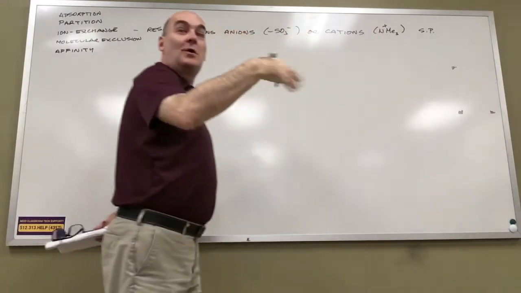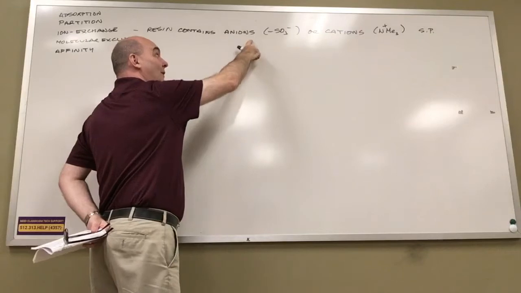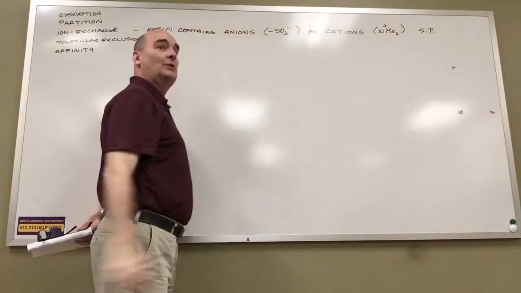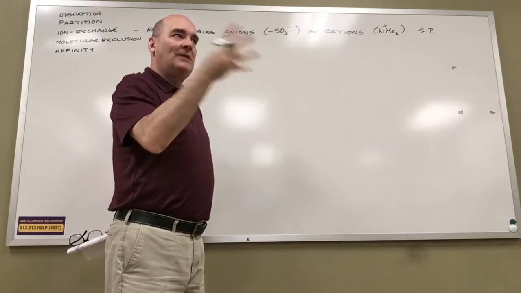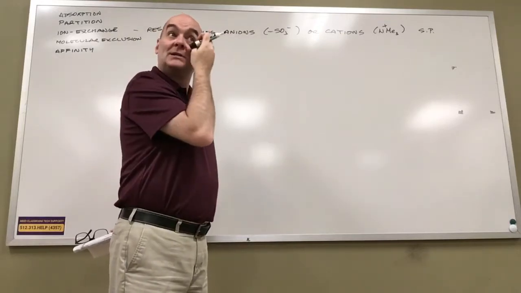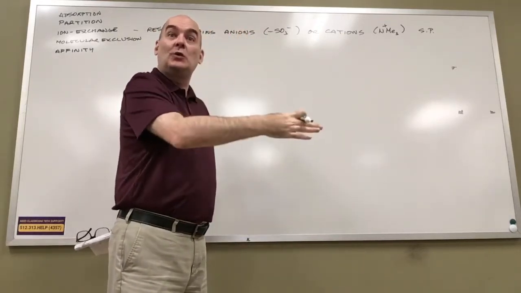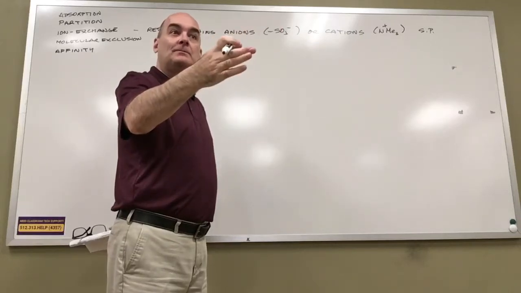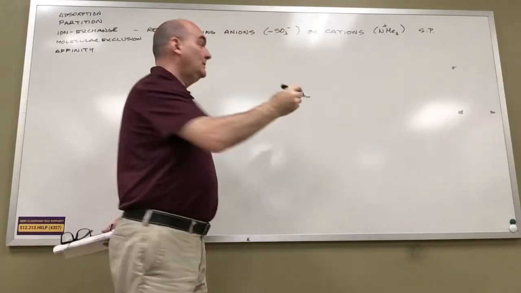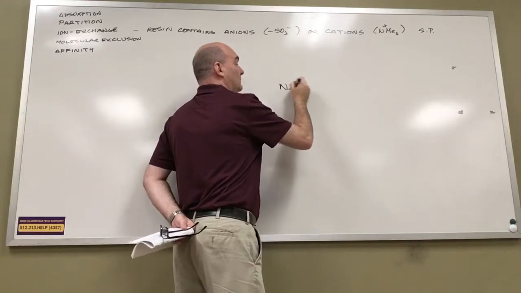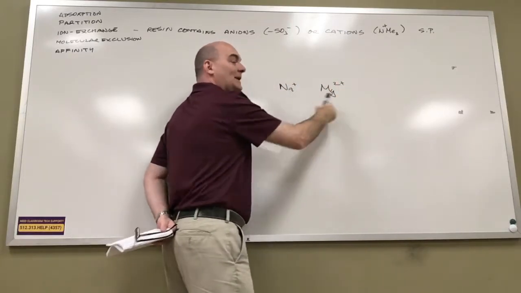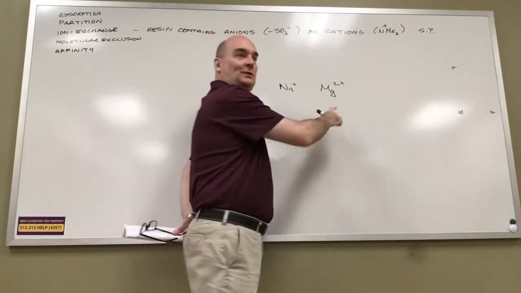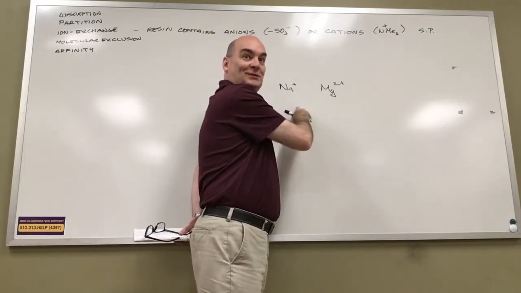If your mobile phase has a negative ion in it, it passes this through. And so if you think that I have a solution, and that solution might contain, let's say, sodium and magnesium, right? Sodium, magnesium. These are both cations. Only that's twice as positive as this one.